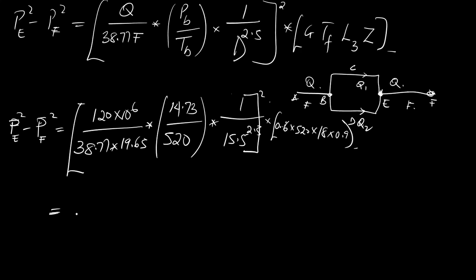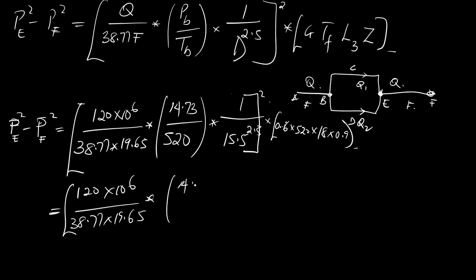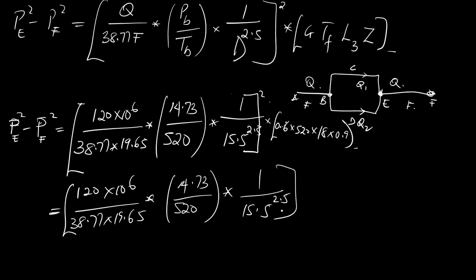Now let's work it out. Let me write it down again so that it will not get confusing. 120 times 10 raised to power 6 divided by 38.77 times 19.65 times 14.73 divided by 520 times 1 all over 15.5 raised to power 2.5 all square times 0.6 times 520 times 18 times 0.9.